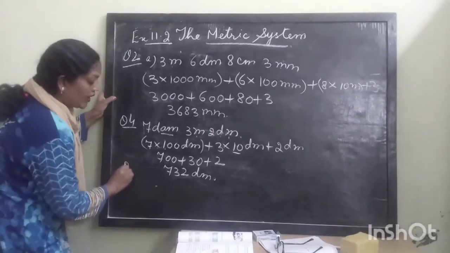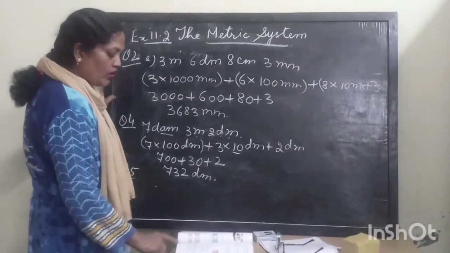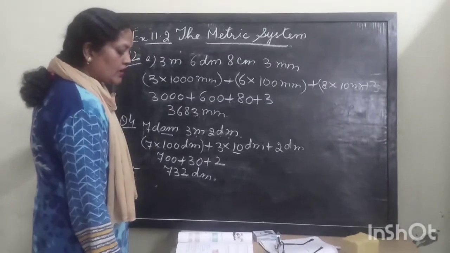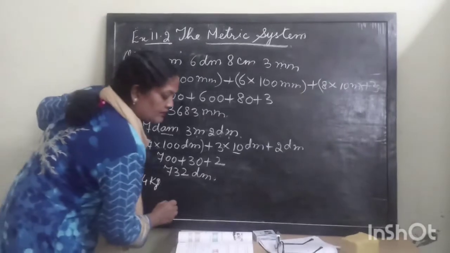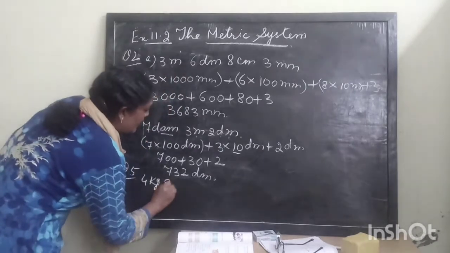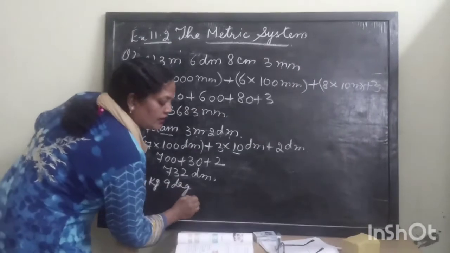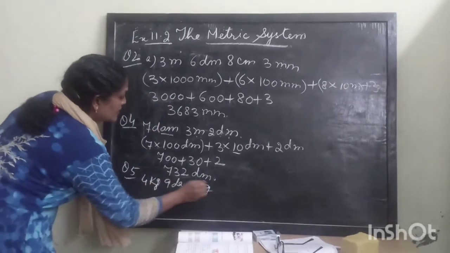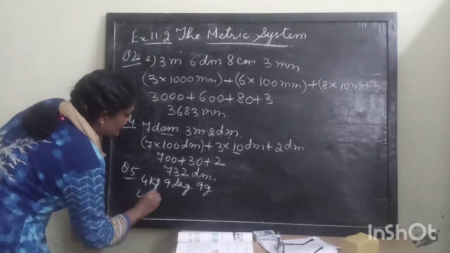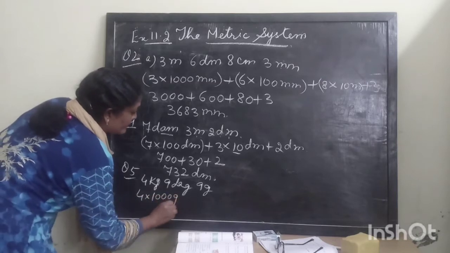Come to the fifth part. This whole exercise is in the syllabus. Convert into grams. 4 kg, then 9 decagram, then 9 grams. Now see, 1 kg is how many grams? 1000 grams, all of you know that.